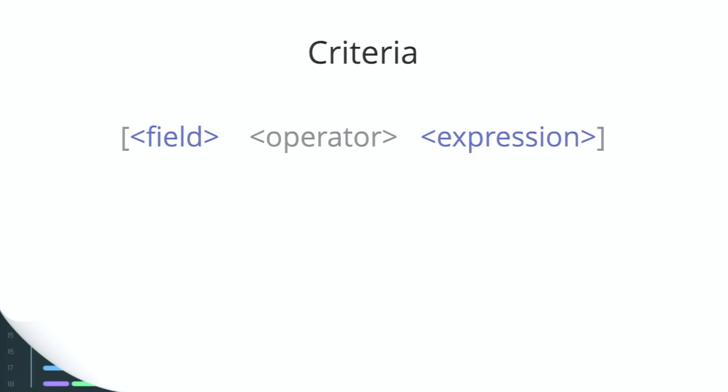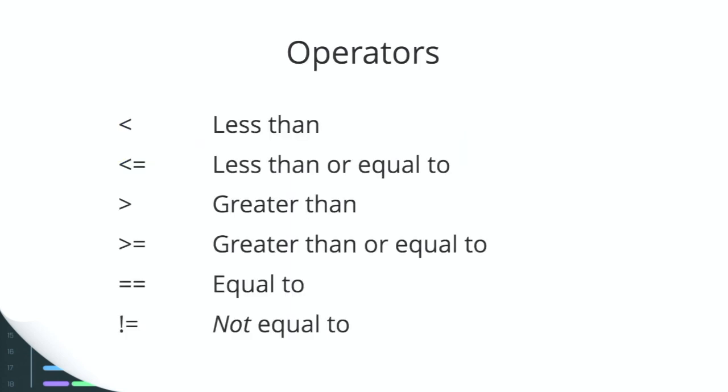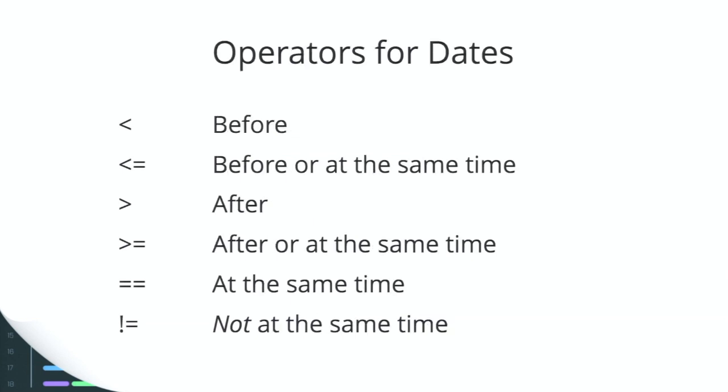And for the operator, you don't just have to do equals. You could also do the less than, greater than kind of thing. So maybe if the field you're looking at is a number, like the capacity of one of our classes, we could say we only want to look at classes where the capacity is greater than 0, because there's still spaces left. And keep in mind that for dates, if you're dealing with a date field, like maybe the start time of our lesson, these operators have different meanings.